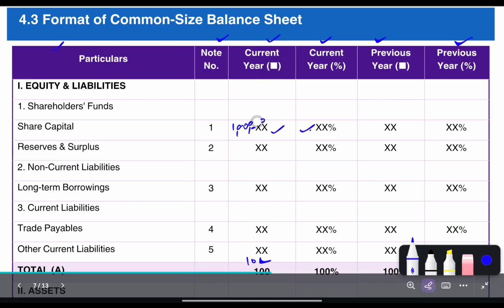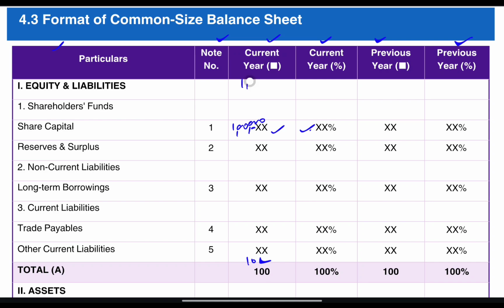So how will I calculate this particular item? Item divided by base figure, multiplied by 100. So we will solve this and it will be 10%. So this 10 will be written right here.